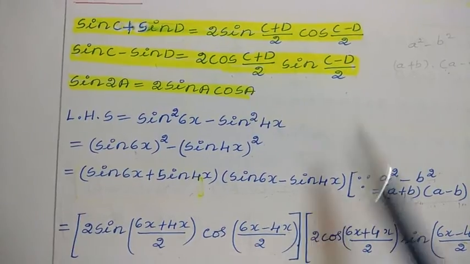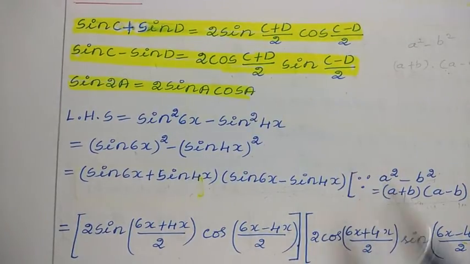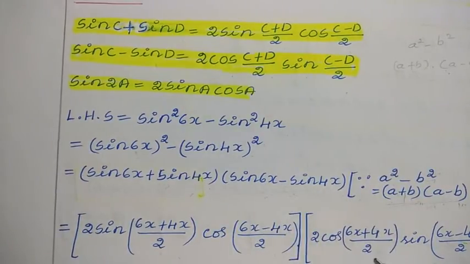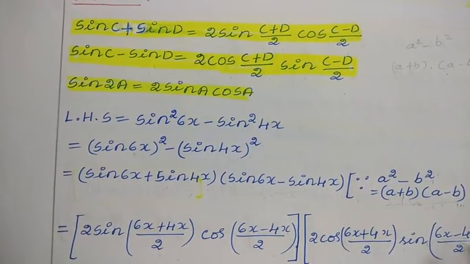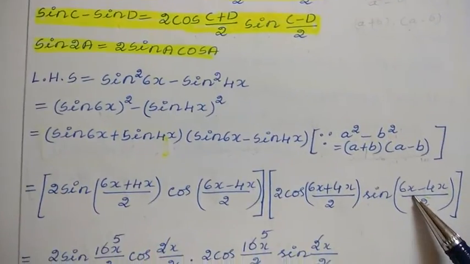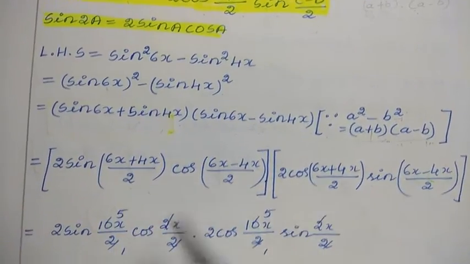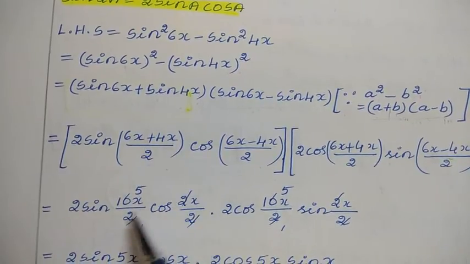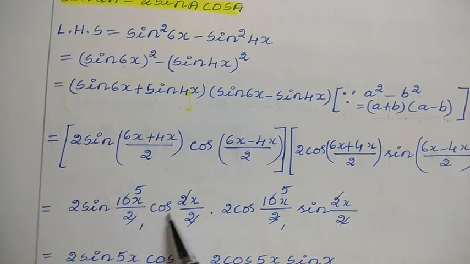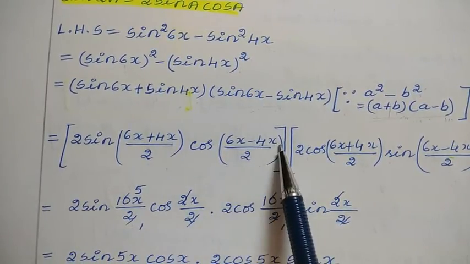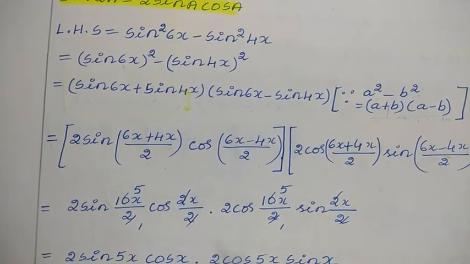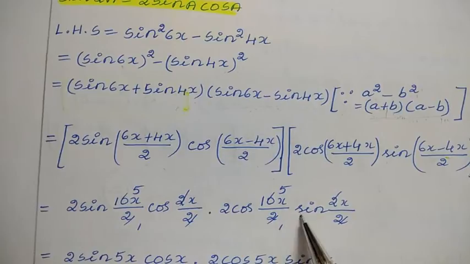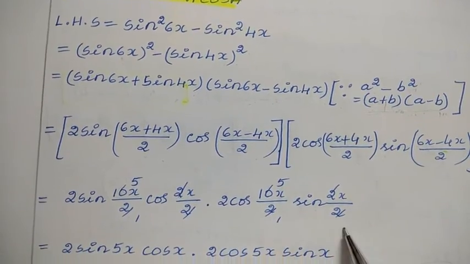Then apply the other formula: this becomes 2 cos (6x plus 4x) divided by 2 into sine (6x minus 4x) divided by 2. Now just simplify: this becomes 2 sine 10x divided by 2 into cos 2x divided by 2, into 2 cos 10x divided by 2 into sine 2x divided by 2.